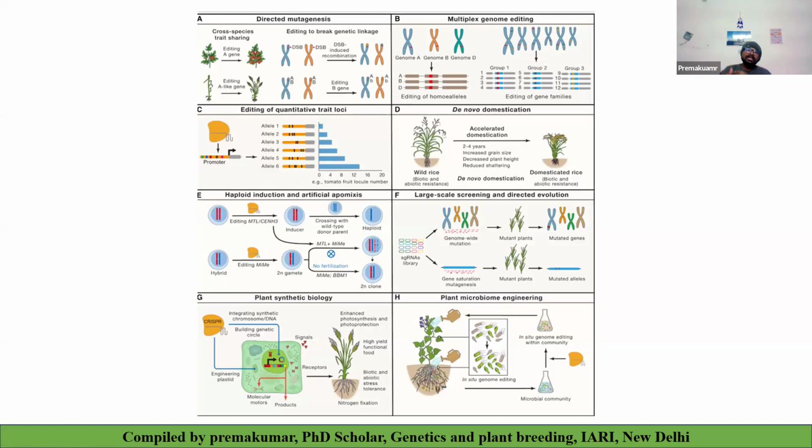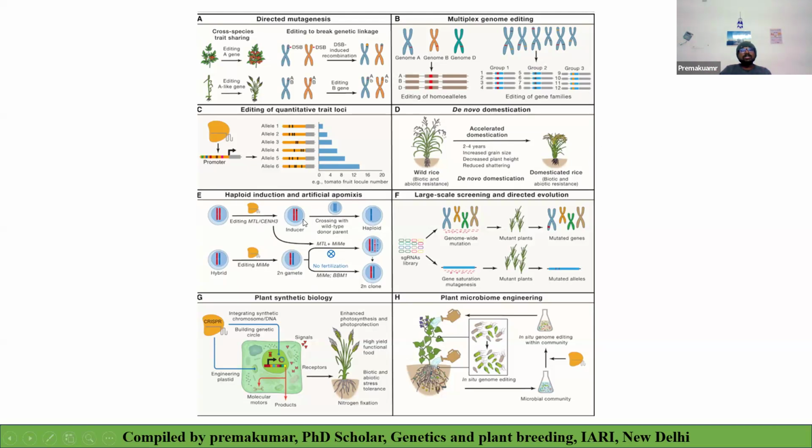But we can accelerate domestication by mutating or editing some domestication genes, so it takes around 2 to 4 years. We can domesticate any particular trait. This is called de novo domestication or accelerated domestication. Please read this paper: just type de novo domestication or accelerated domestication, several papers will come, and you can read any of them.